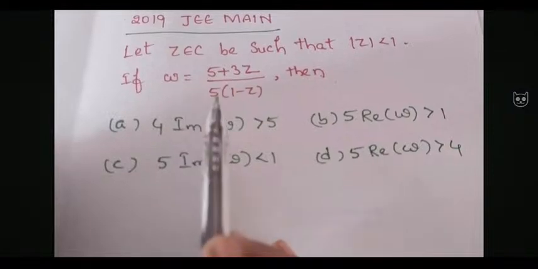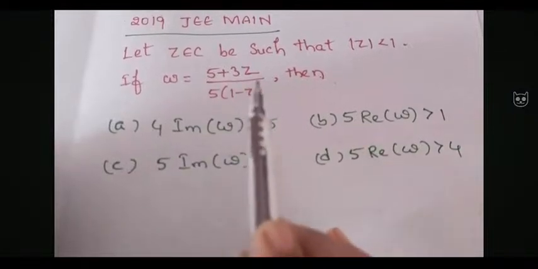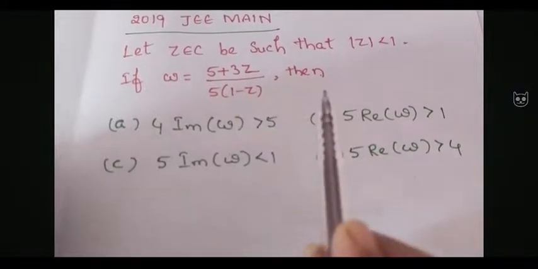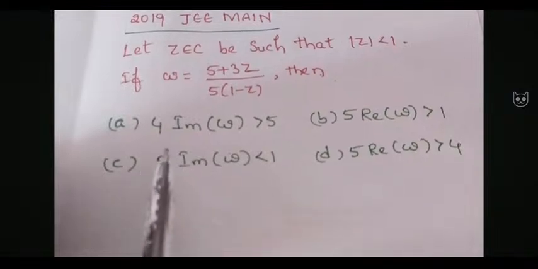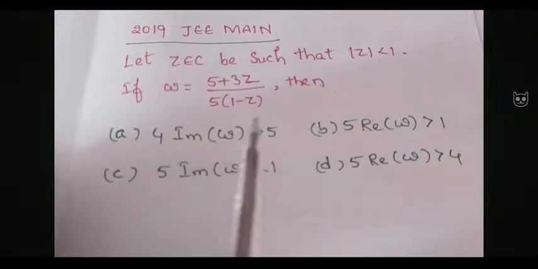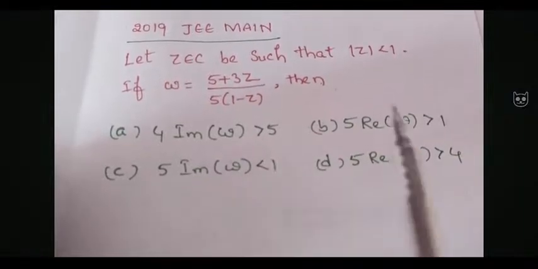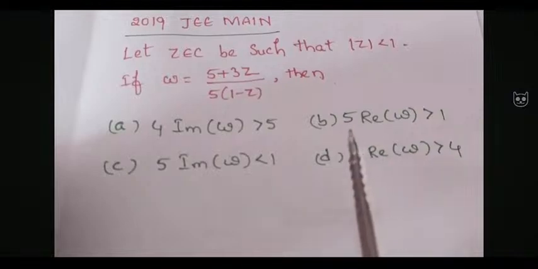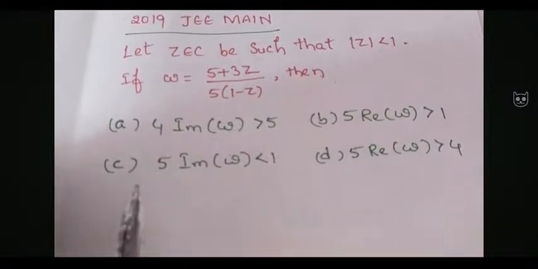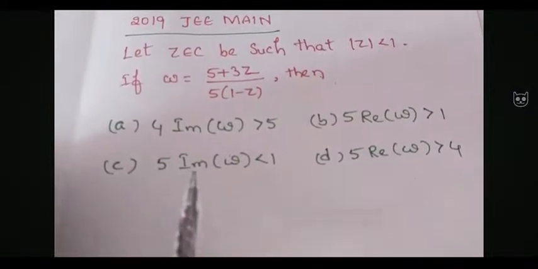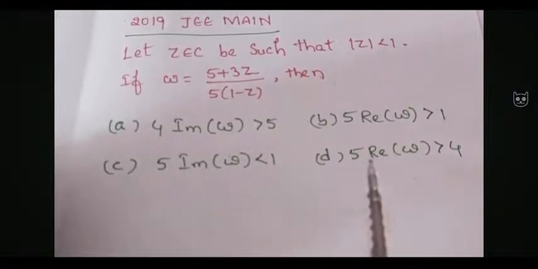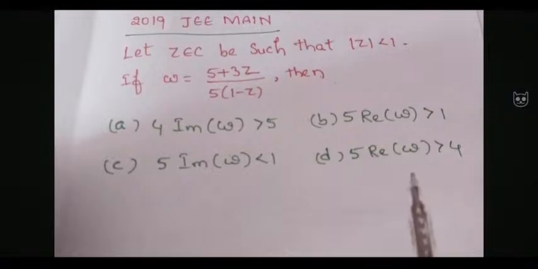If omega is equals to 5 plus 3Z divided by 5 into 1 minus Z, then the given options are: option A, 4 times of imaginary of omega greater than 5; option B, 5 times of real of omega greater than 1; option C, 5 times of imaginary of omega less than 1; option D, 5 times of real of omega greater than 4.